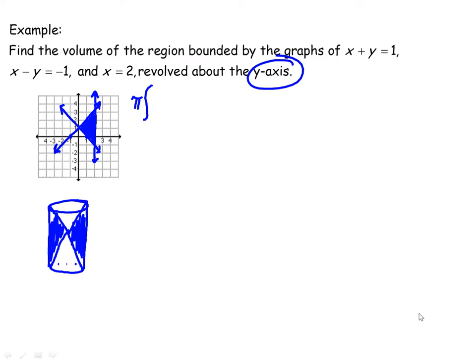We have some of the figure above the x-axis and some of the figure below the x-axis. That's no good. That's no good whatsoever. So what are we going to do? Let me help you out.